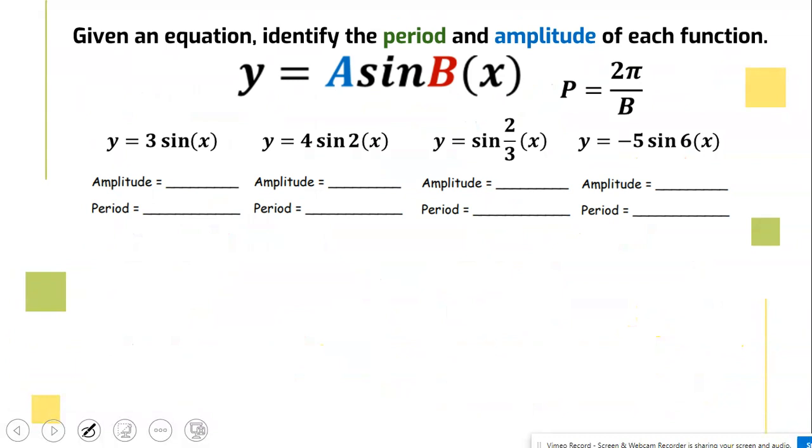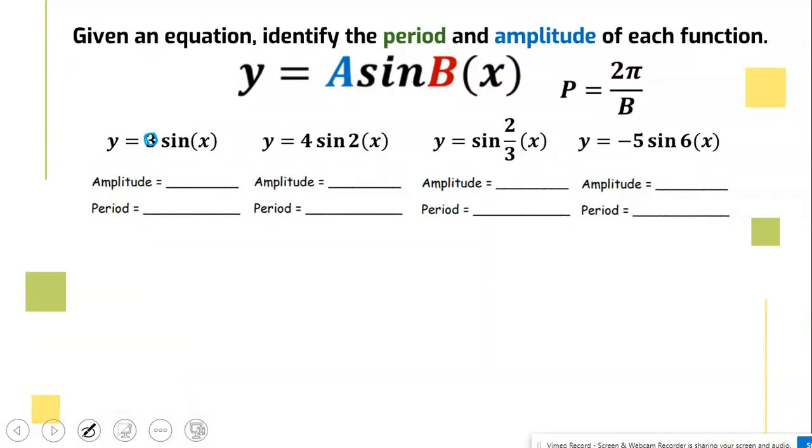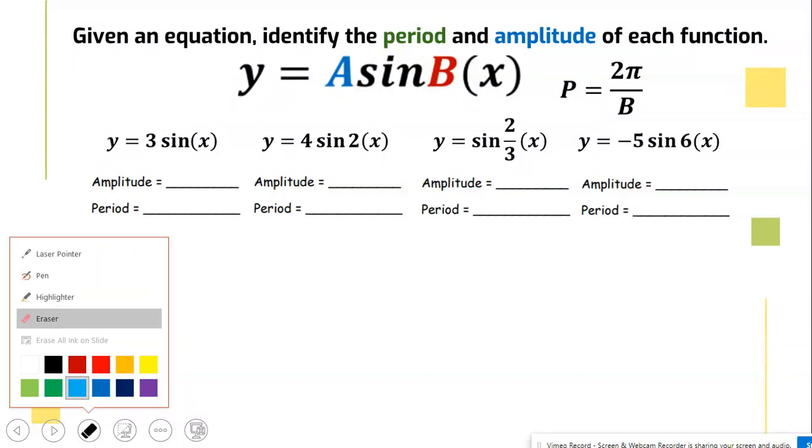Amplitude is the distance from the middle to the top, or the middle to the bottom. And B is the number of cycles from 0 to 2 pi. So first things first, we are looking at this equation: 3 times sine of x.